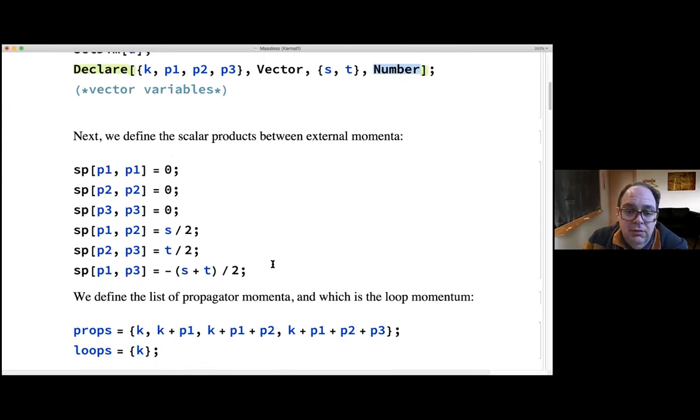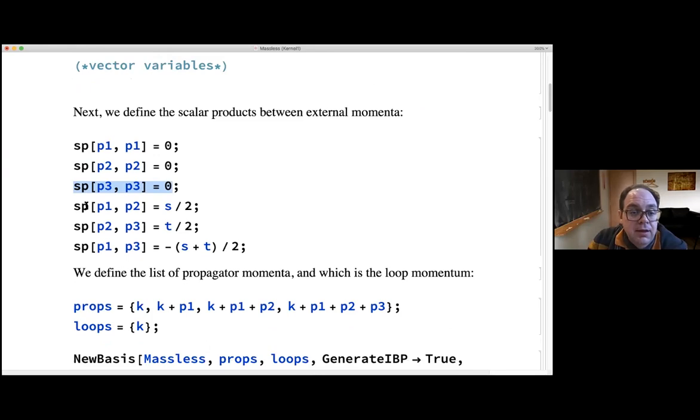And I can also define the kinematics, in particular, all possible dot products between external momenta. So my box was completely massless. So P1 squared is 0, P2 squared is 0, P3 squared is 0. SP of A, B is the dot product between A and B. P1 dot P2 will be S divided by 2, because S usually is defined as (P1 plus P2) squared.